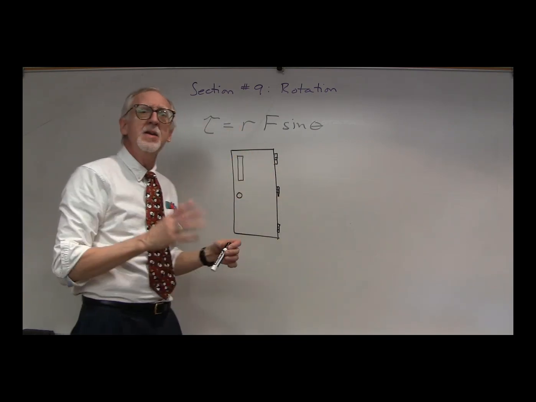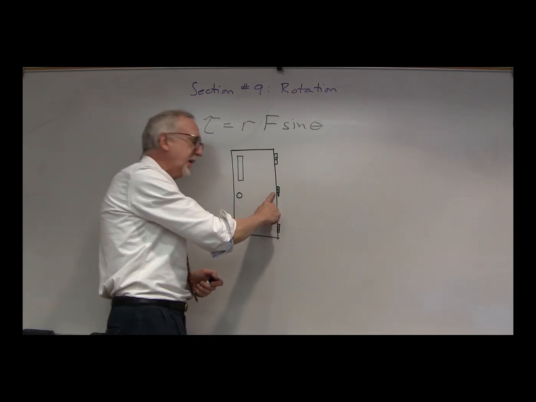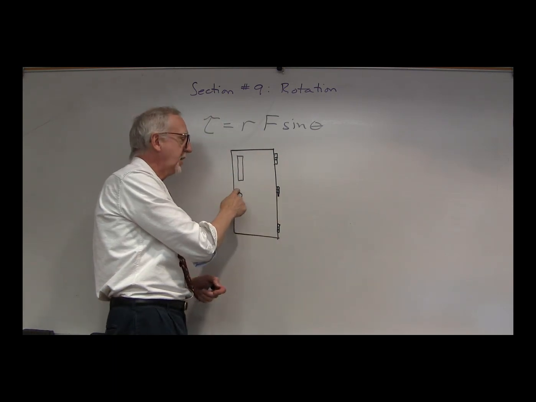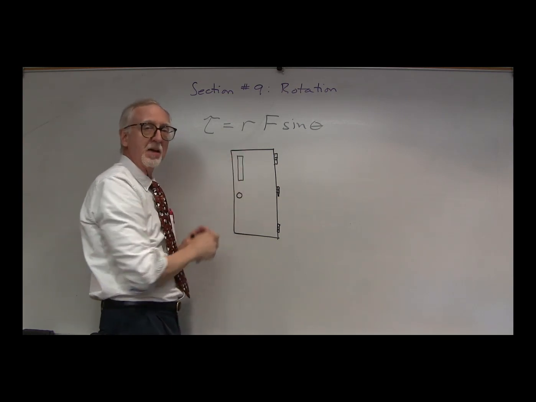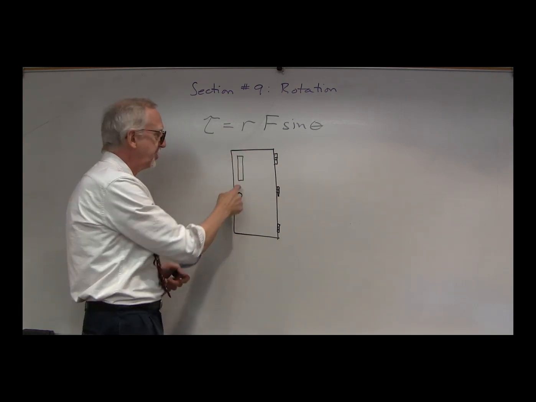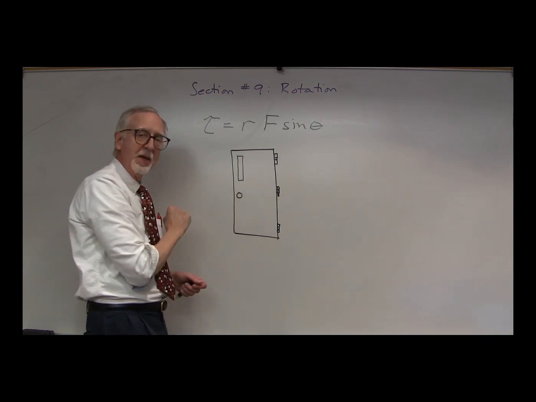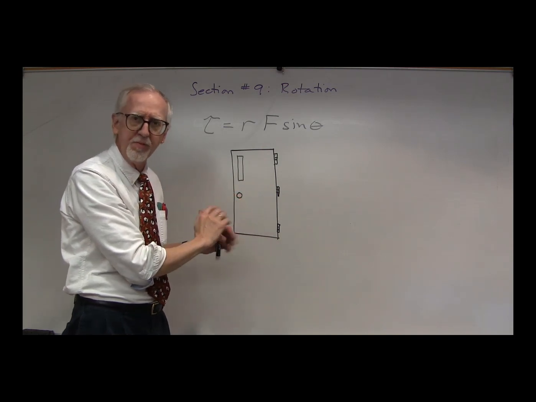Okay, great. Next, when you come to the door, do you push on the door over here near the hinges? Or do you push on the door over here, away from the hinges, to make it swing open? Obviously, you push on it over here, where the doorknob is, away from the hinges. Because if you push on it near the hinges, you know the door is not going to open very much.